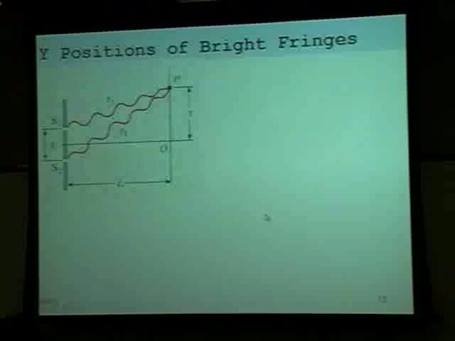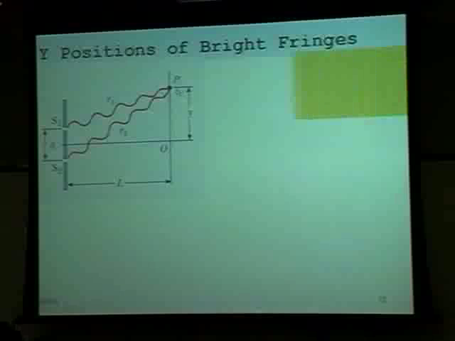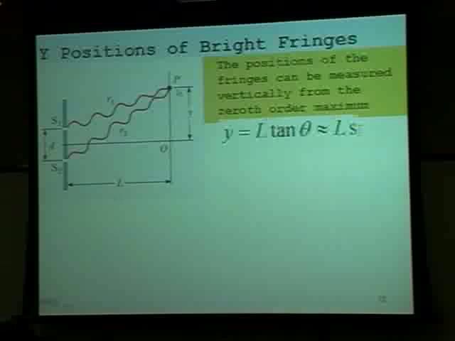What would be the position of those bright fringes? Well, if we look back at this diagram, L being the length to the screen, y is the distance from the center here to some bright fringe up here at point P. You'll see that the distance y would be equal to L tangent theta, theta being the angle to that point.